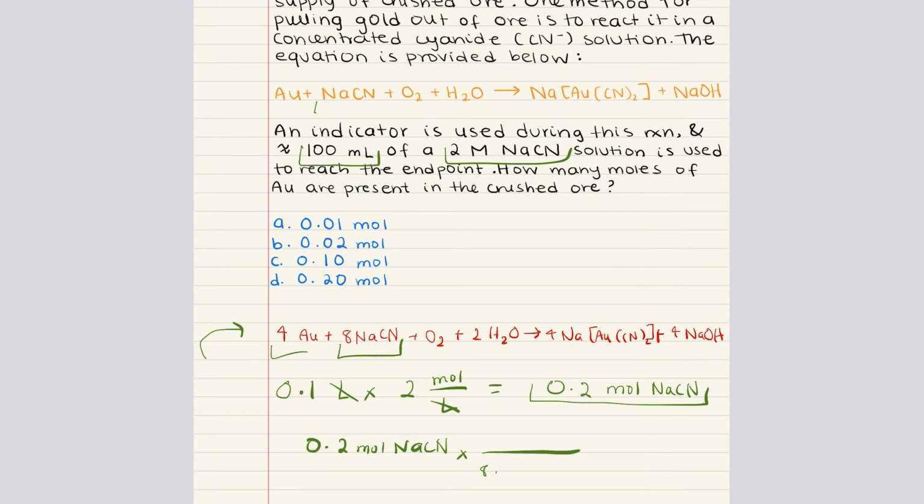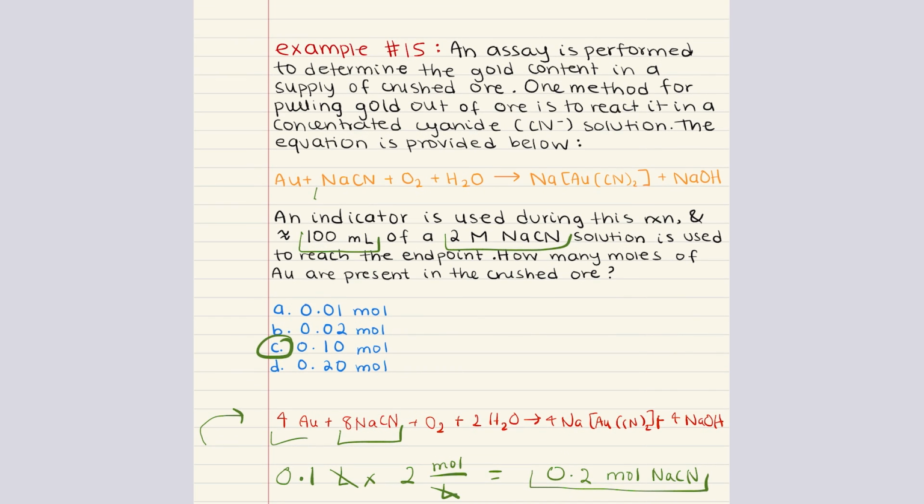For 8 moles of sodium cyanide, we have 4 moles of gold. What we're going to get here is 0.8 divided by 8, and this is going to be equal to 0.1 moles of gold that is in our crushed ore. That makes the correct answer, answer choice C. And that's how we solve problem 15.